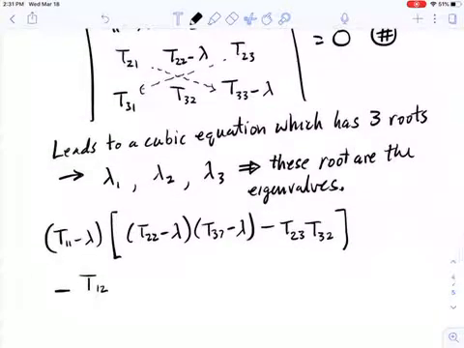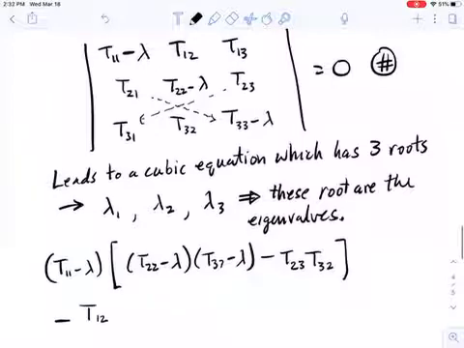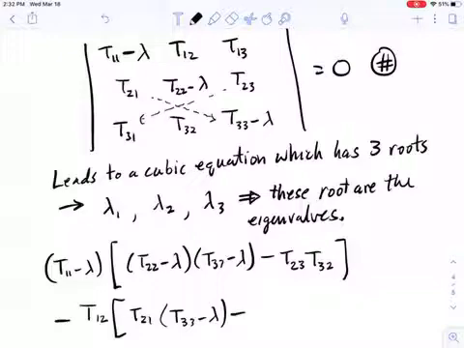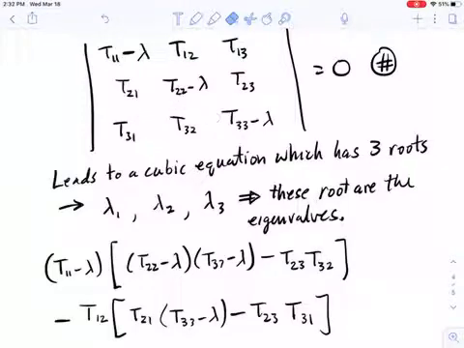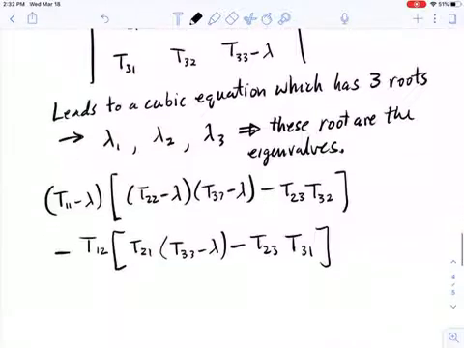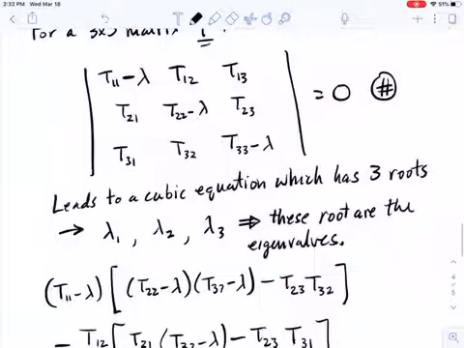Okay, so we get a T12, and then we're going to have a T21, T33 minus lambda, minus T23, T31. Okay, and then the last one is we would take plus the last element in the top row, and then we would do this cross multiplication.